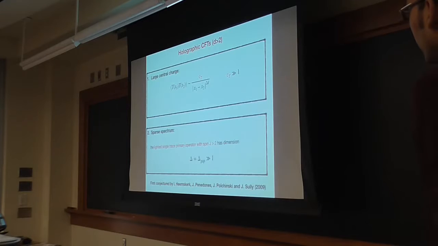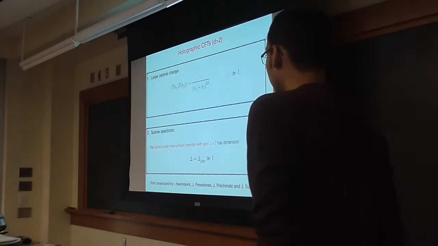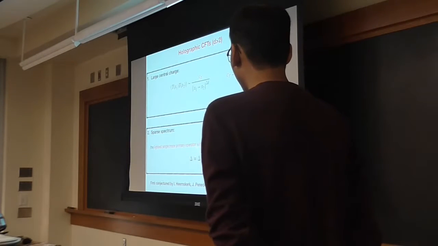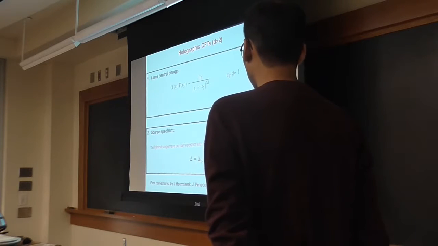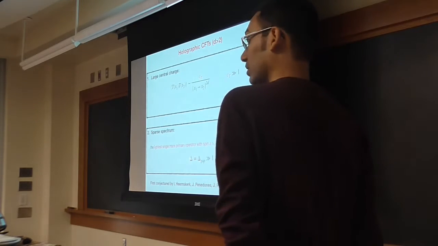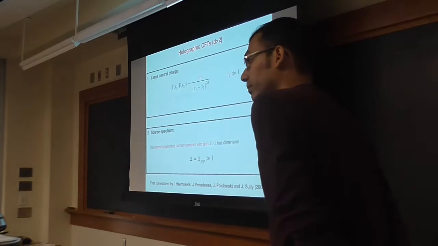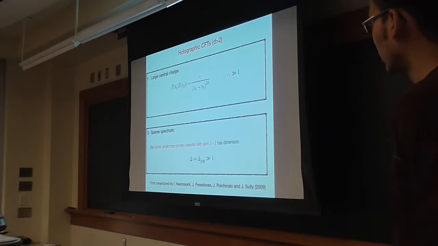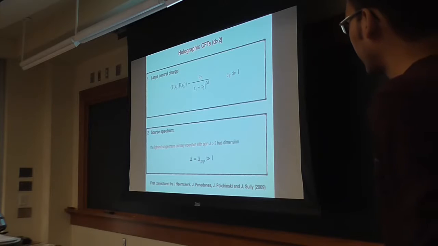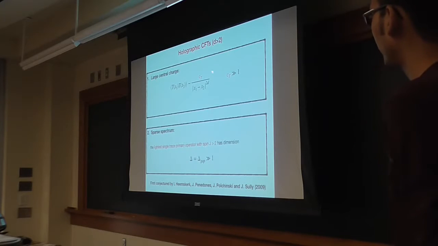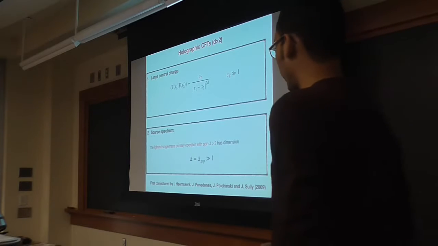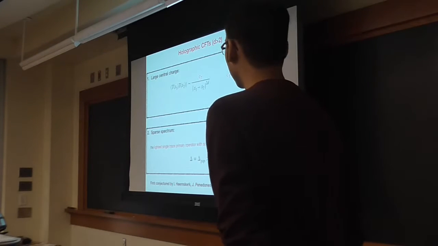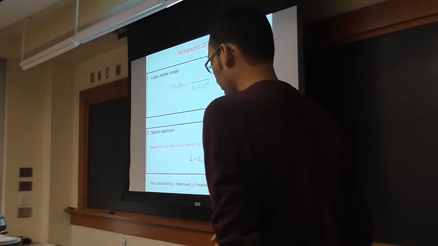The second statement is the following. The lightest single-trace primary operator with spin greater than 2 should have dimension delta which is very large. So that defines a gap. In this particular paper, they conjectured that any CFT which obeys these two conditions will have a holographic dual description, irrespective of the microscopic details.